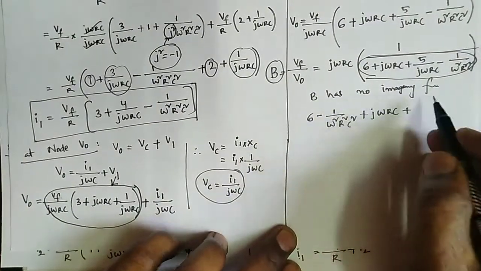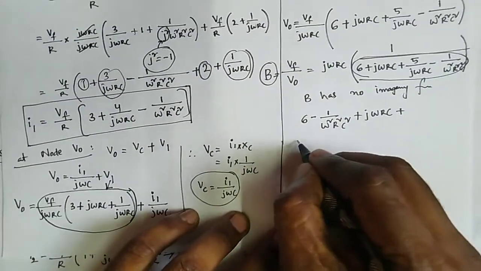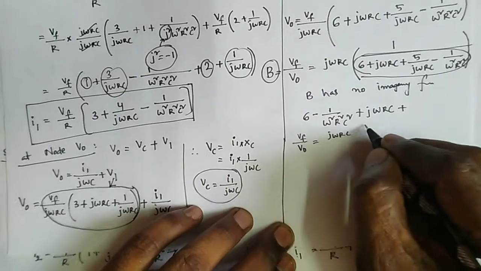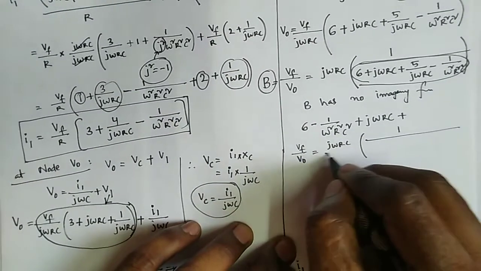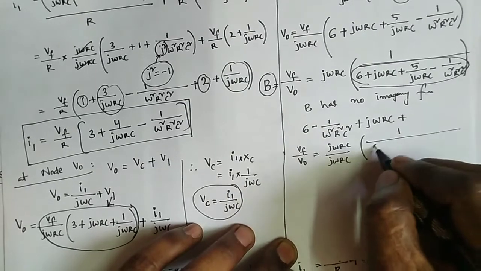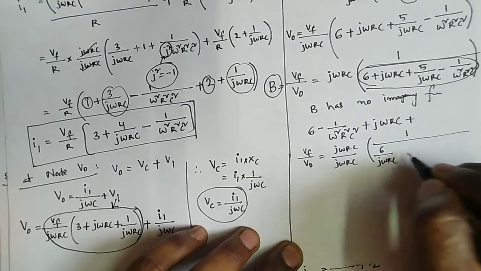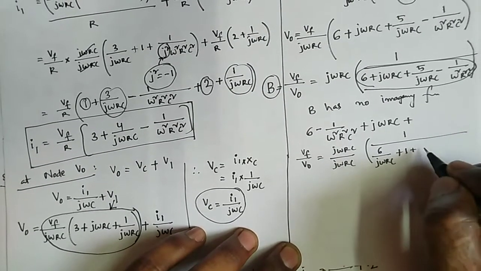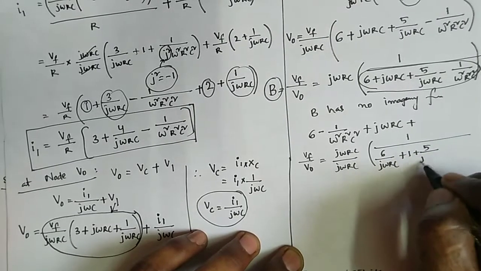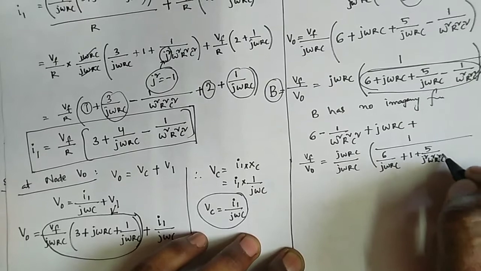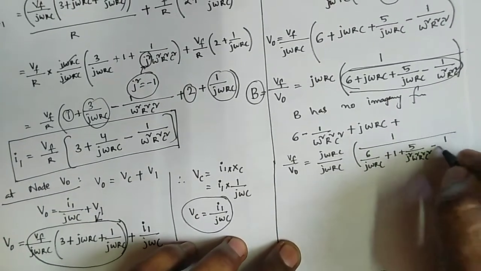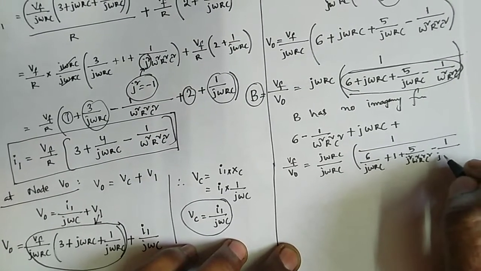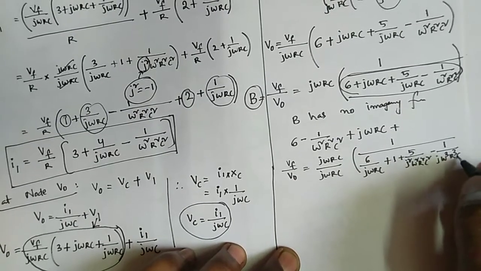This function can be segregated into imaginary parts. So Vf by V0 is j omega RC common. The remaining part is 6 by j omega RC plus 1 plus 5 by j square omega square r square c square, minus 1 by j omega cube r cube c cube.